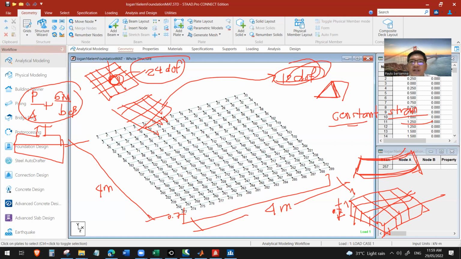Kasi, mga typical foundation natin, say isolated footing, 3 meters, di ba? 3 meters. I will not mesh it na 1 meter. No? So, that's why I modeled it using a 0.25 meters by 0.25 meters and using 12 degrees of freedom na rectangular plate element that we solved, no?